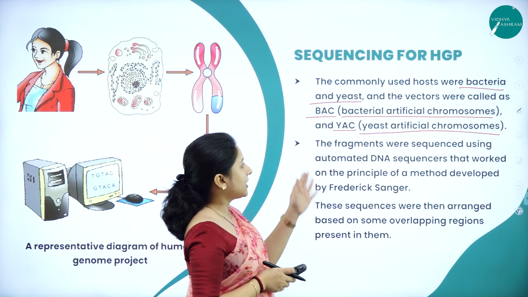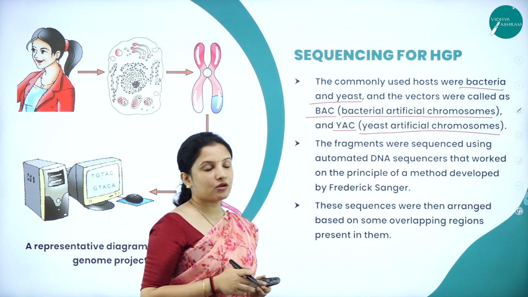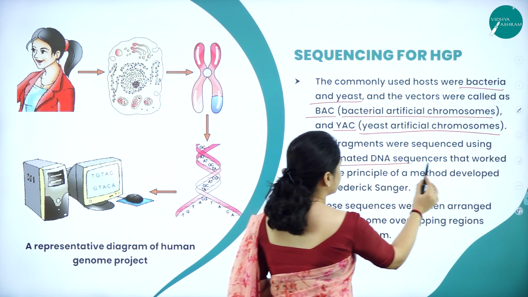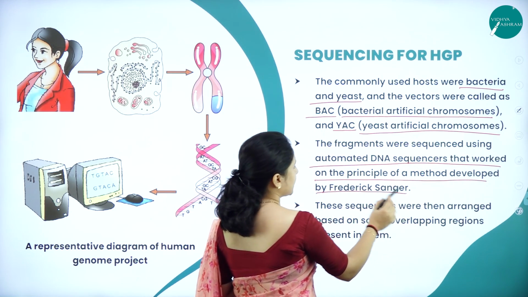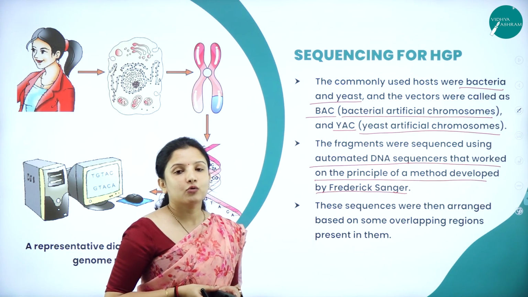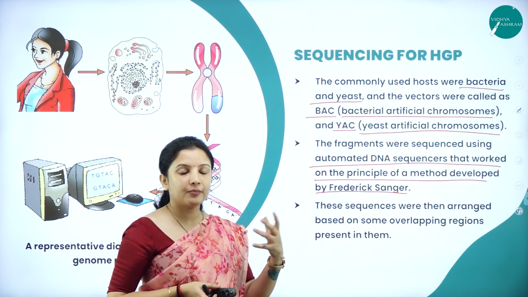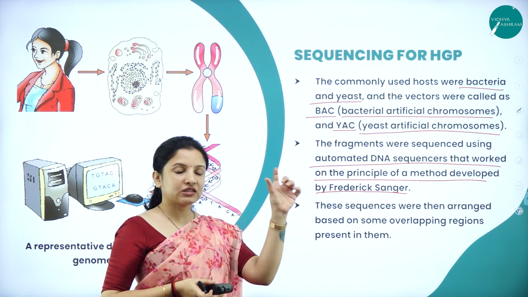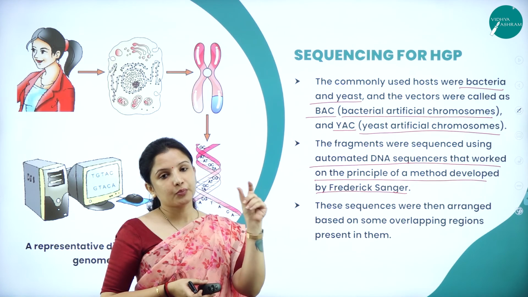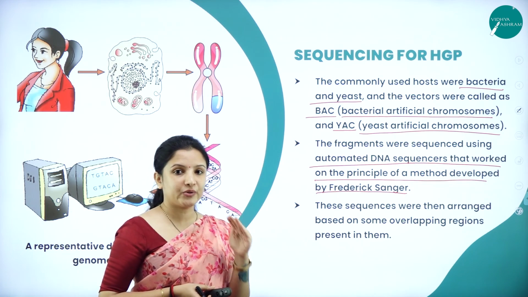And the fragments are sequenced using automated DNA sequencers that worked on the principle of the method developed by Frederick Sanger. Frederick Sanger was the first person to develop an automated sequencing machine which will display the sequence of that particular strand of DNA on the computer screen.